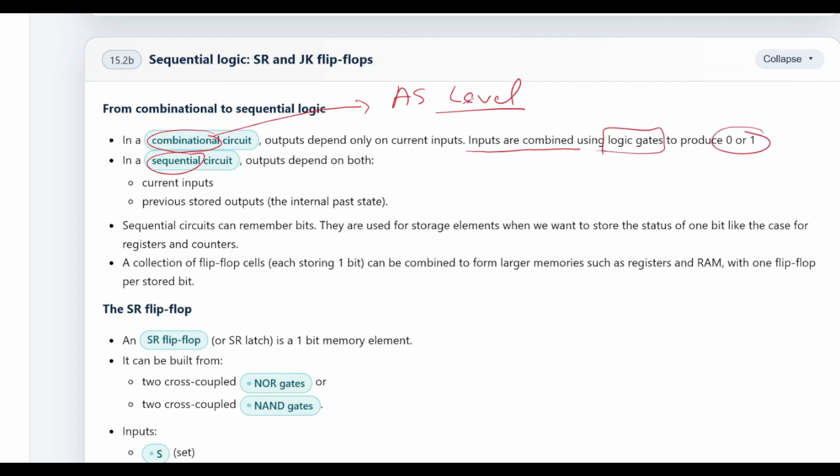Now in this year we will use the sequential circuit, when the output depends not only on the inputs but also on the previous stored output, the past state.